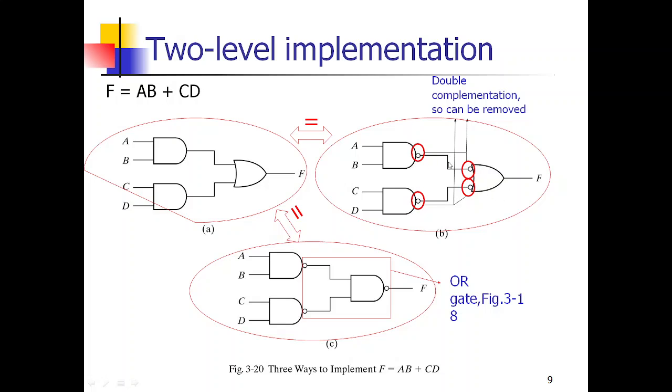And we check the bubbles. If you have a double bubble, it can be compensated. We can say these two symbols are NAND gates, and this is also equivalent to a NAND gate, so that is represented here. So this is the way a normal Boolean function, that is an AND OR circuit, can be implemented with NAND gates.